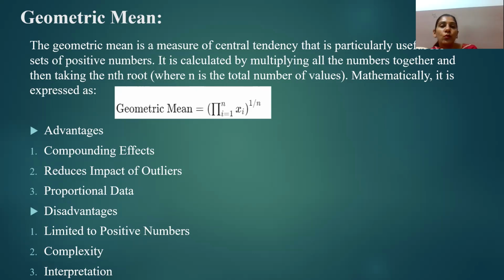Its ability to account for compounding effect and reduce the impact of outliers makes it a more valuable measure of central tendency in various applications as compared to the arithmetic mean. However, its limitations, such as the restriction to positive values and the complexity of its calculation, should be considered when we determine its appropriateness for a given data set. Overall, geometric mean is a very useful statistical tool for business statistics.